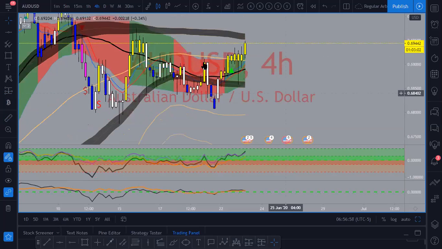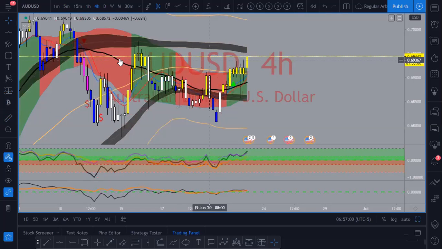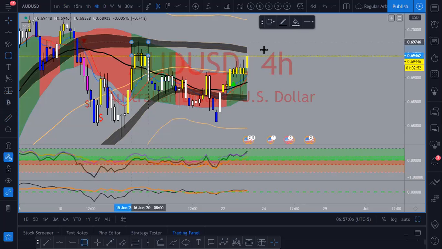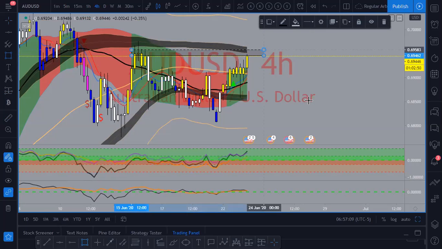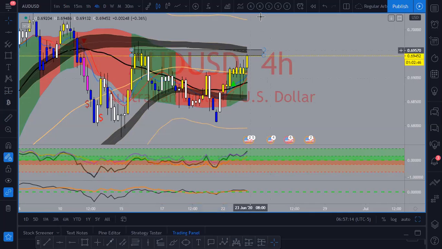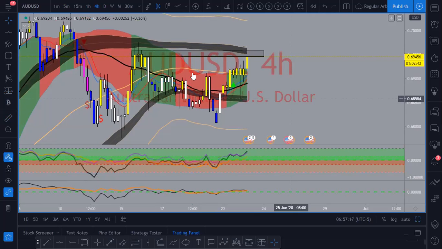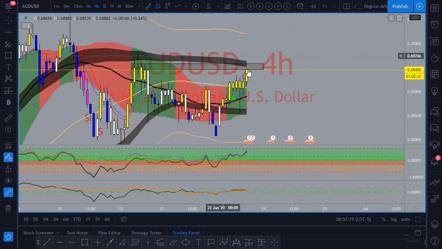It's already broken through the mean line, but for AUD USD, which again looks kind of like SPX 500 and also Euro USD, in order for it to continue going bullish, it has to break through this little zone, and then it'll go bullish. So if it respects here, then we can expect a drop.